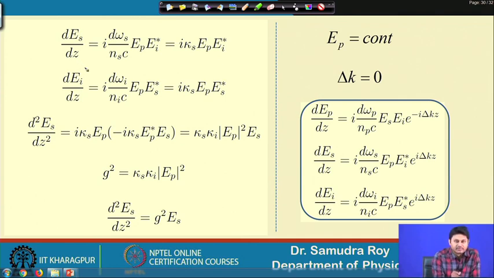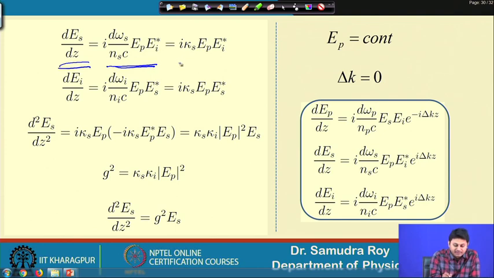So, if I see Es, dEs/dz can be written in this form: dEs/dz is equal to i d omega s NSC, which is this, and Ep Ei star.